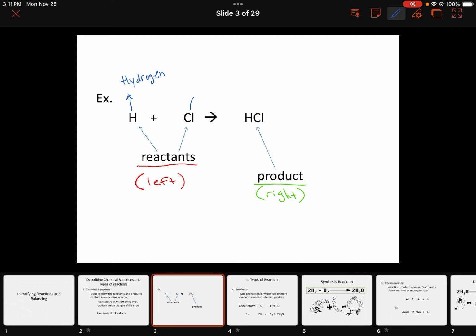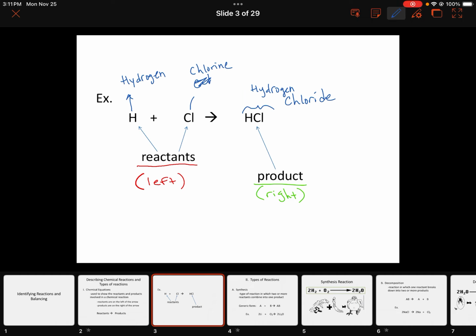H is hydrogen, Cl is chlorine. And we named this before: hydrogen chloride. And so we've seen that part before. We don't call it hydrogen chlorine. We change that ending to chloride.